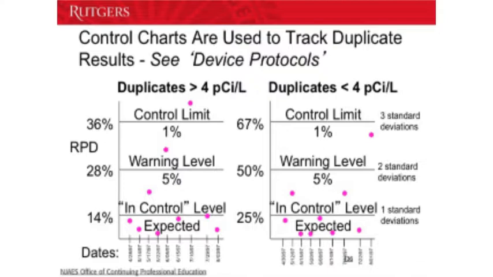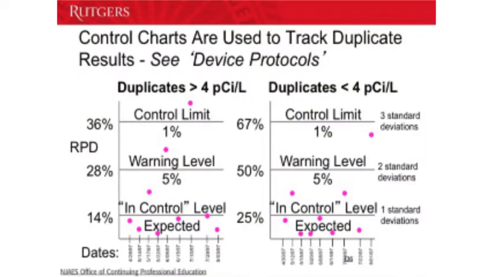And what we're looking at is to see how reliable our data is and how consistently we're getting good results. We expect that 90% of our data will be below the 1 standard deviation line, which varies depending upon which graph you're on. When duplicate measurements are 4 or greater, then 1, 2, and 3 standard deviations is 14, 28, and 36.